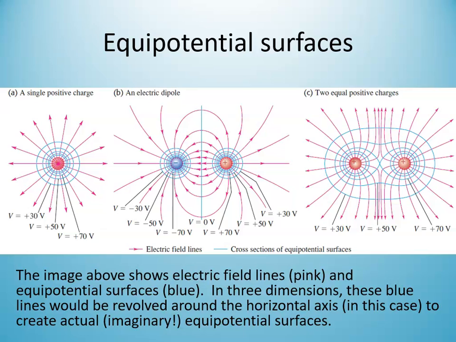Here are some examples. Consider the electric field and the electric potential of a point charge, like what we have on the far left. In that case, the electric field is going straight out. The equipotential lines in this two-dimensional representation are just circles. But in full 3 dimensions, they would be spherical shells.